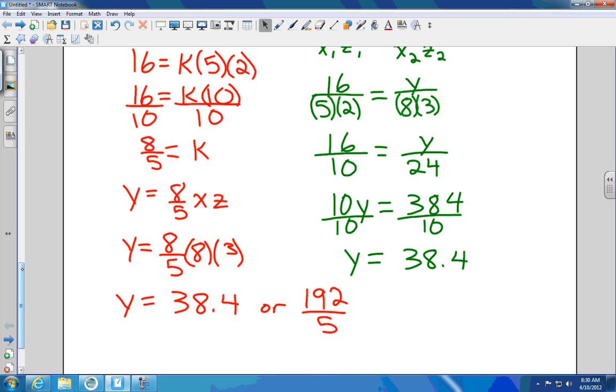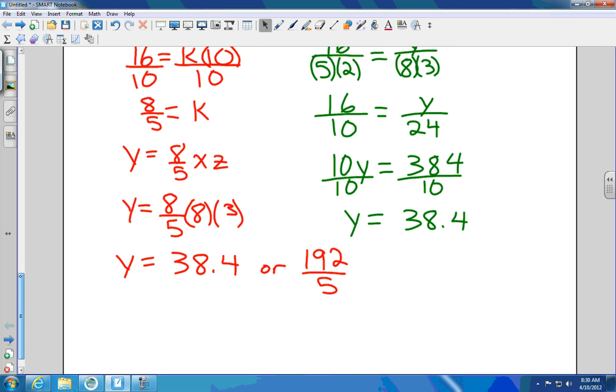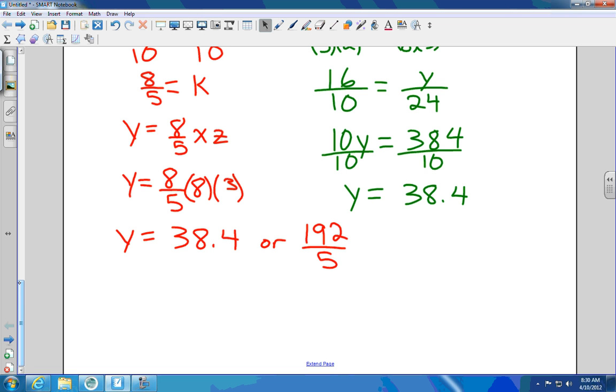There's two different methods you pick. Other questions on those?